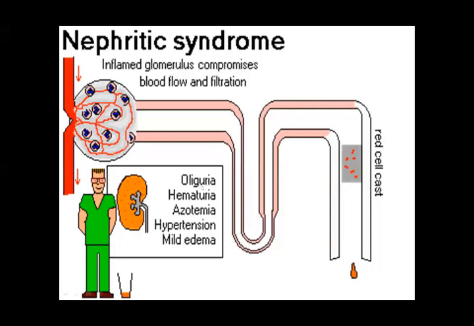So there is oliguria, there is hematuria, there is azotemia, mild edema, right? So the anasarca picture has improved to mild edema. Then there is hypertension because of the hormones that are thrown into the body.